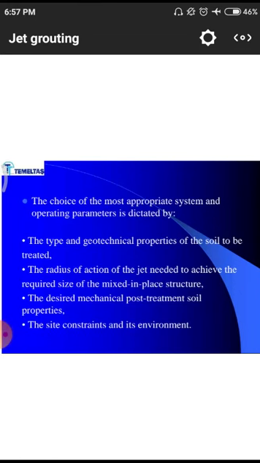Next, the choice of the most appropriate system and operating parameters is directed, first of all, by the type of geotechnical properties of the soil to be treated. Whenever we choose ground improvement techniques, our first major priority has to be given to the soil conditions.